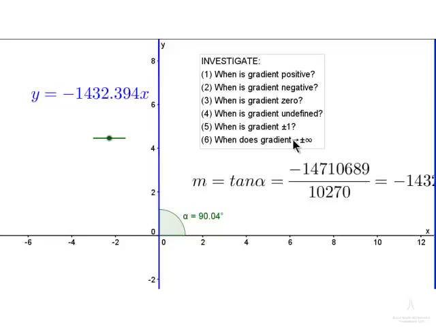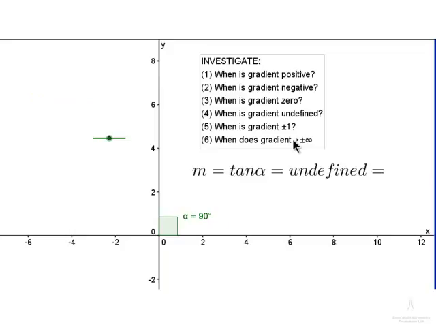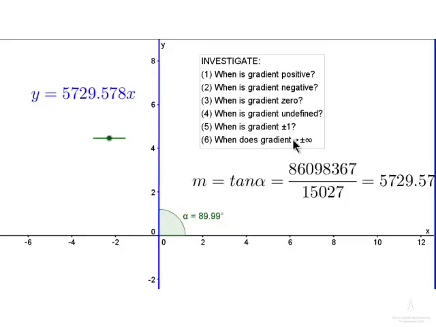Okay, and if I get to 90 degrees, it will show me that it's undefined. Now I'm just going bigger. Very close, sorry. Angle just smaller than 90 degrees, but pretty close to 90 degrees.